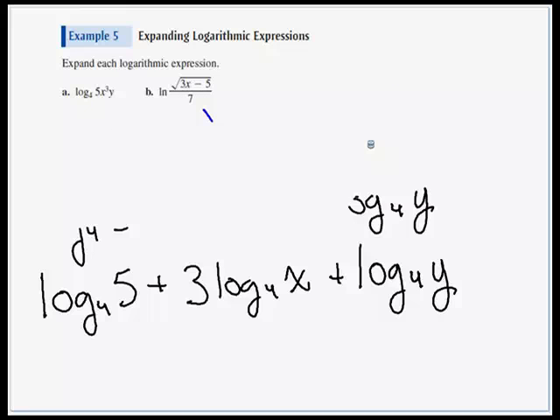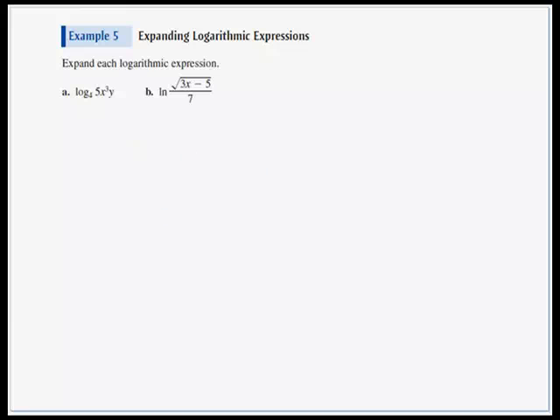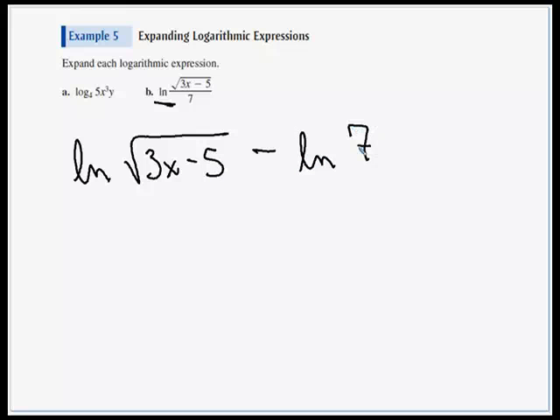In part B, we have a quotient, a fraction. So we have the ln of a numerator and a denominator. So we can do the ln of the numerator, square root of 3x minus 5, minus the ln of the denominator. And this square root, is there another way to write a square root? This is the square root of what's under it to the first power.